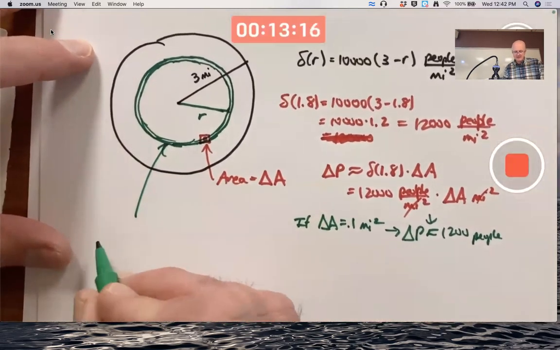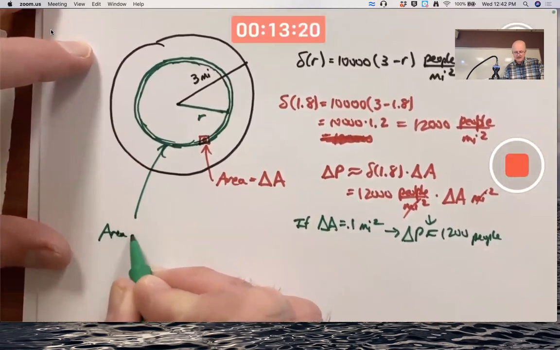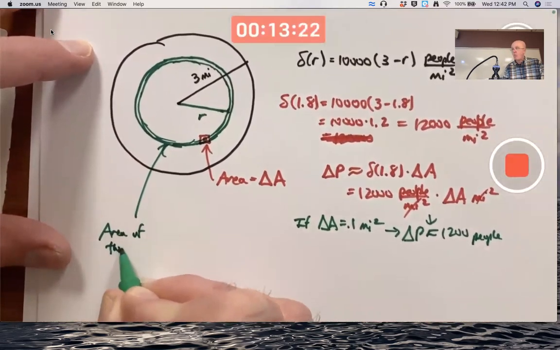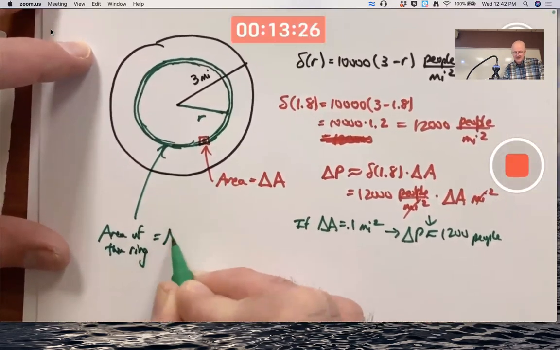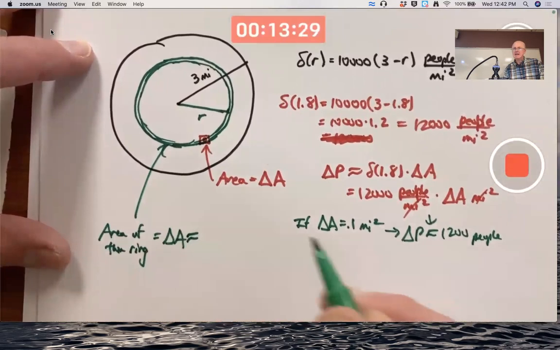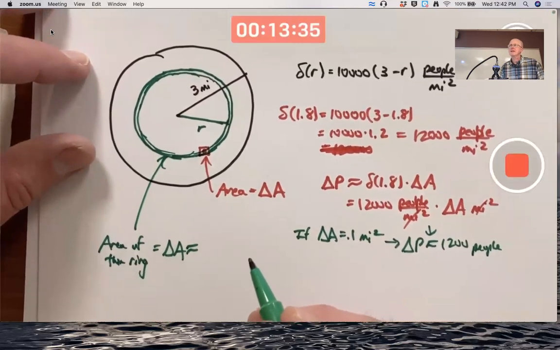The area, first of all, of the thin ring, washer, if you want to call it a washer, delta A, is going to be approximately, what will it be approximately?